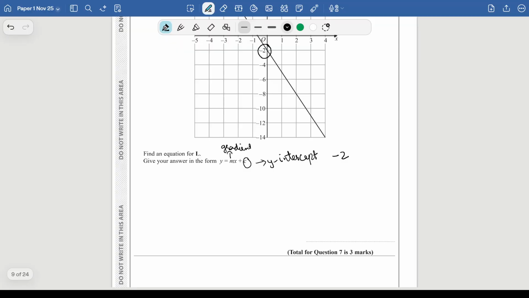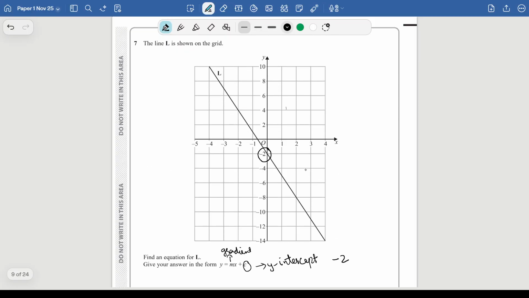We have to figure out the gradient. How is the line sloping? So to find the slope of the line, we need to figure out how much is the rise over run. So if we take any two proper points on the line, so let me use another color here. Suppose I'm taking this point and the point on the intercept here, and I try to connect them, making it like a right angle triangle, and then figure out the distance here.